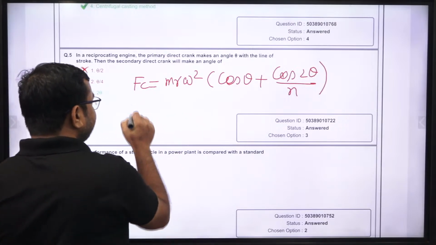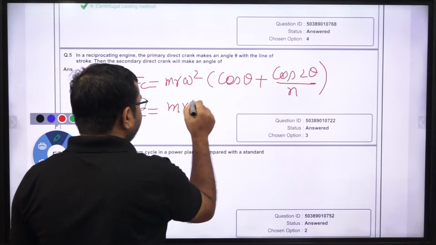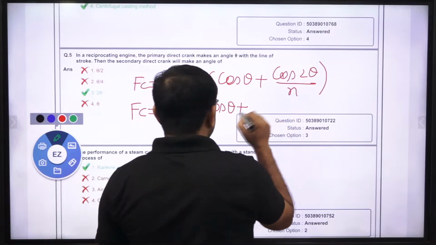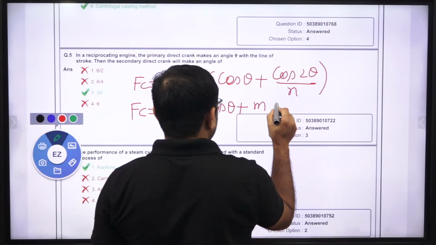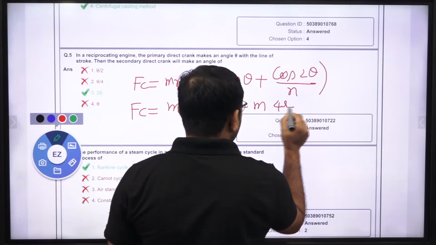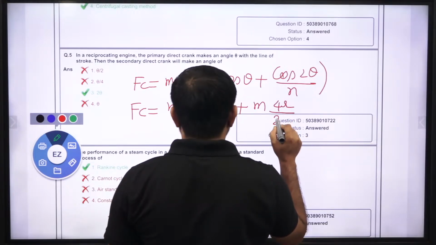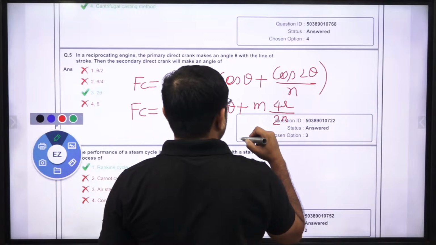So you can see here, if I break this expression in this form, m r omega square cos theta plus m 4 times r by 2n.